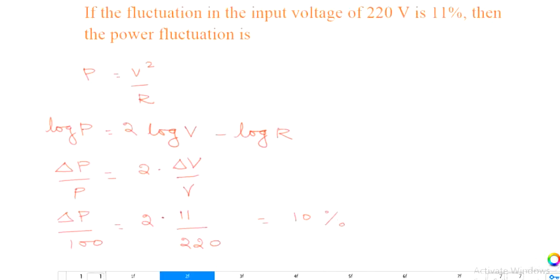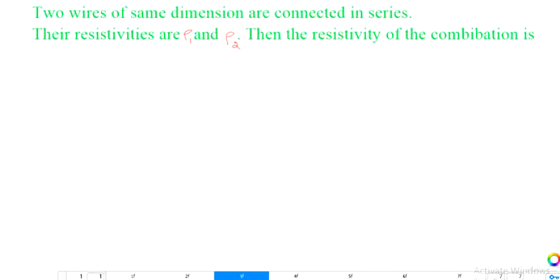Now, the next problem is: two wires of the same dimension are connected in series. Their resistivities are rho 1 and rho 2. Then what is the resistivity of the combination? This is one wire and this is another wire.